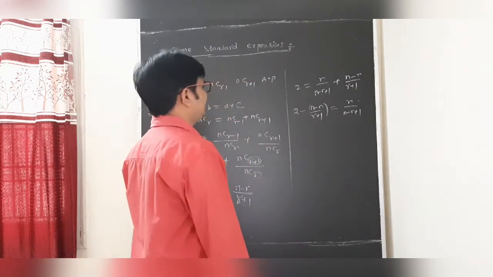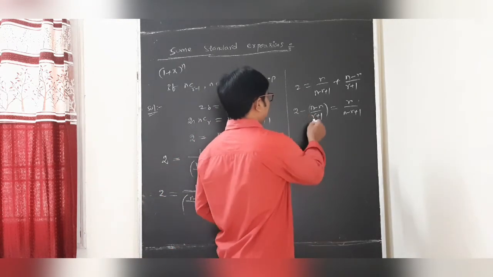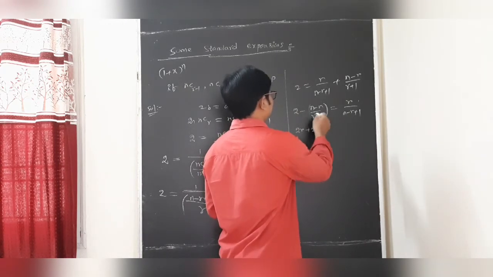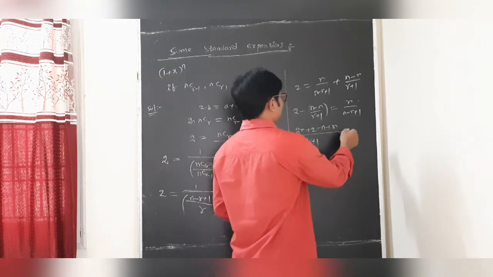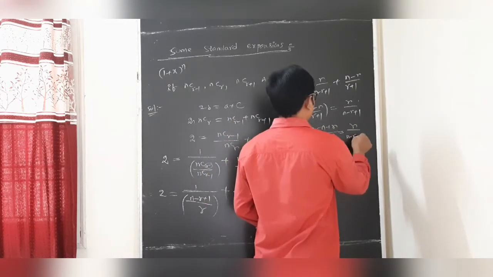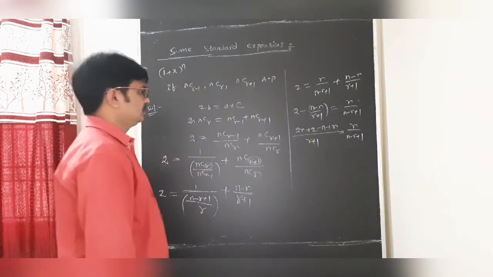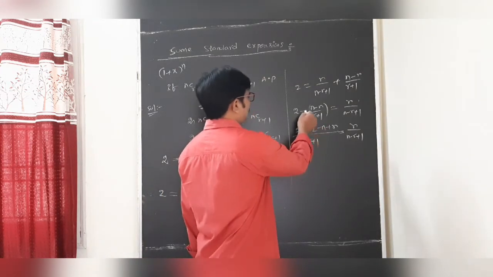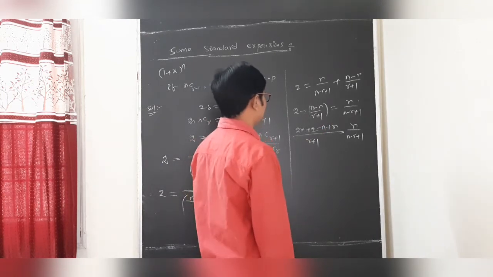Now students, we will observe the calculation here: 2r plus 2, minus n, minus of minus plus r plus 1, this is r by (n minus r plus 1). Okay students, how can you write this? Just one minute students, we can observe this is 2r plus 2 minus n plus r.